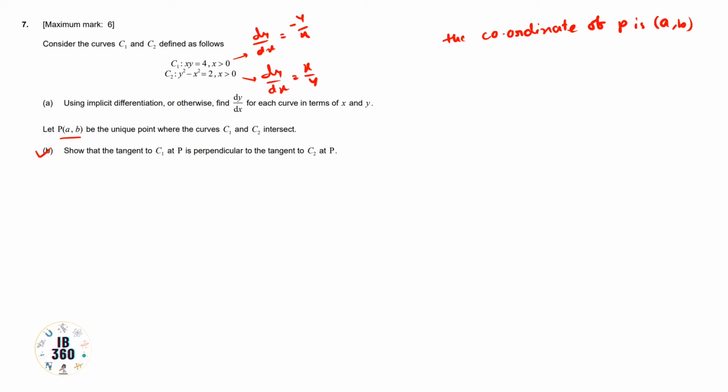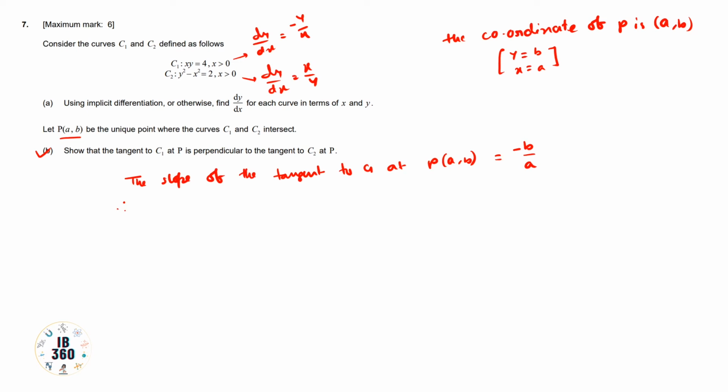Now here we can write y equals b and x equals a according to the coordinates. Now from this principle we can write the slope of the tangent to C1 at P, a comma b. As you can see, the slope for C1 was minus y by x, so it will be minus b by a.